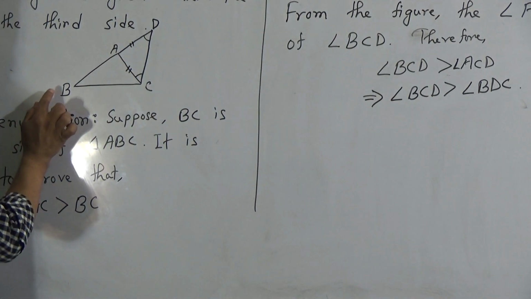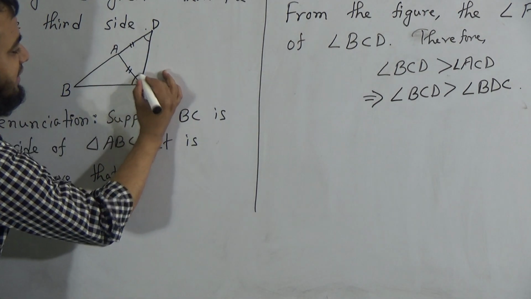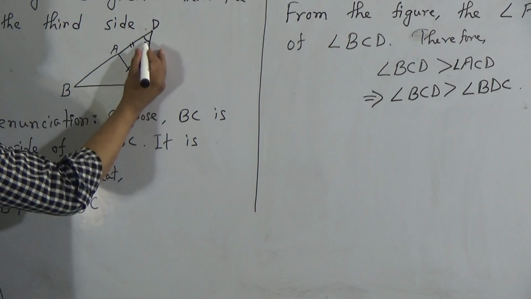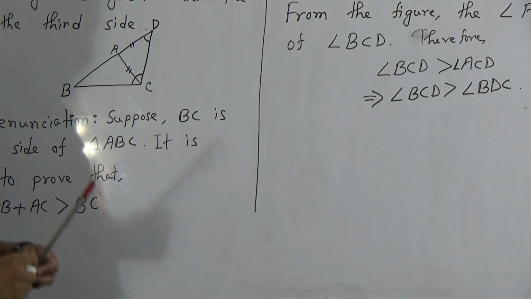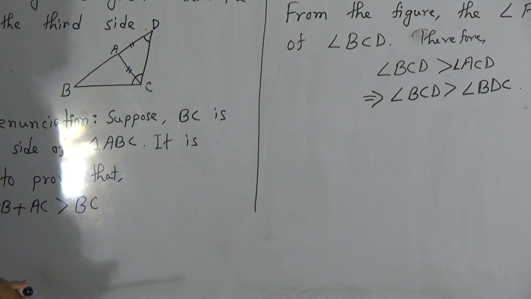The angle BCD, that means this total angle, is greater than the angle BDC. This angle is smaller and this angle is greater, and we know that the opposite side of the bigger angle is bigger than the opposite side of the smaller angle.